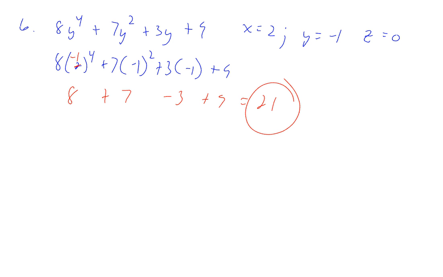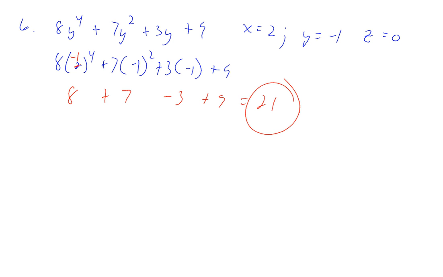Any negative base to an even power ends up positive because a negative times a negative is a positive. Any negative base to an odd exponent, 3, 5, 7, 11, will end up negative because a negative times a positive is a negative. All right, the rest is just addition, and hopefully you can do that.